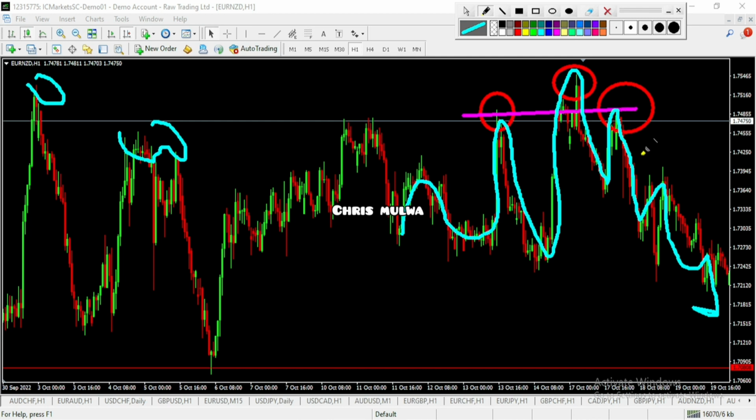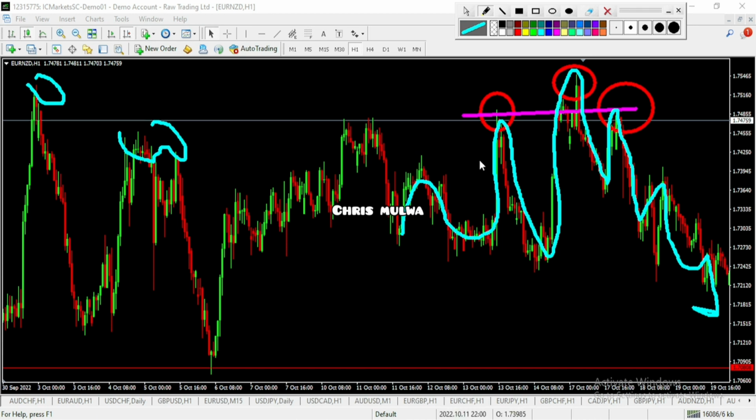We also have news that changes the strength of the currency. We also have the country's activities like elections, instability, war, and other activities that affect the strength of the value of the currency. This is what we call zones, areas where activities are happening such that they are changing how strong this currency was.